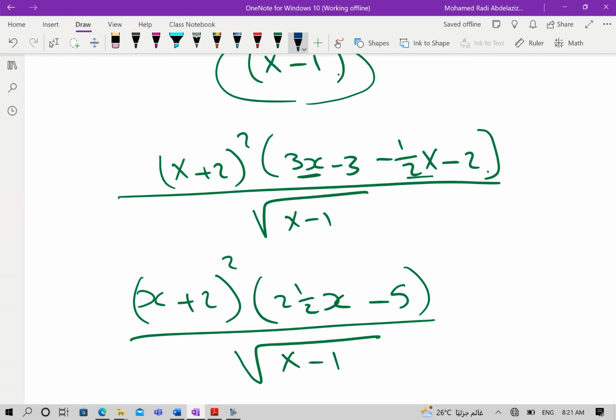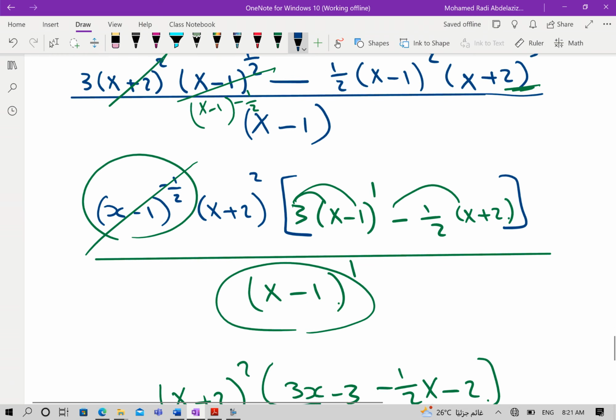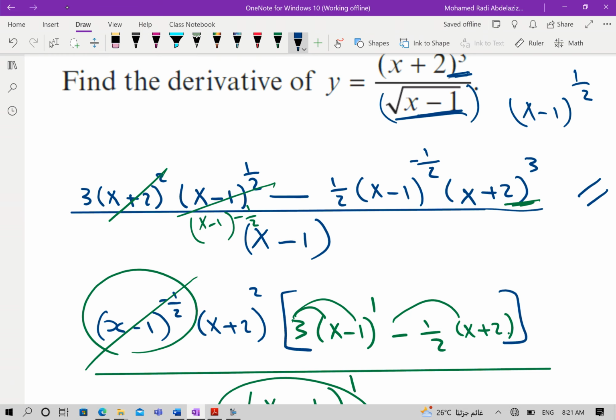In the final exam, if I didn't ask to get your answer simplified, I just want to differentiate. But when you get a stationary point, you take the derivative equal to 0. This means the numerator is equal to 0.